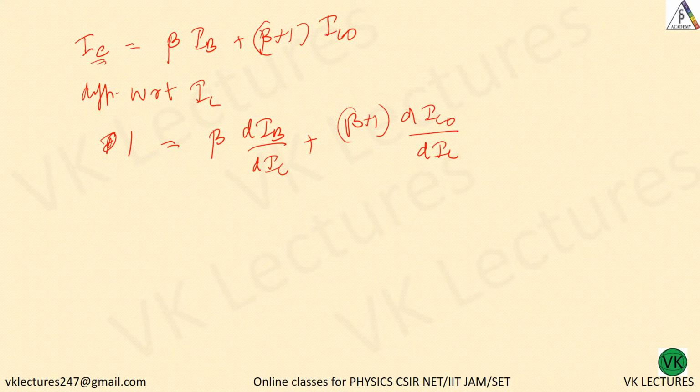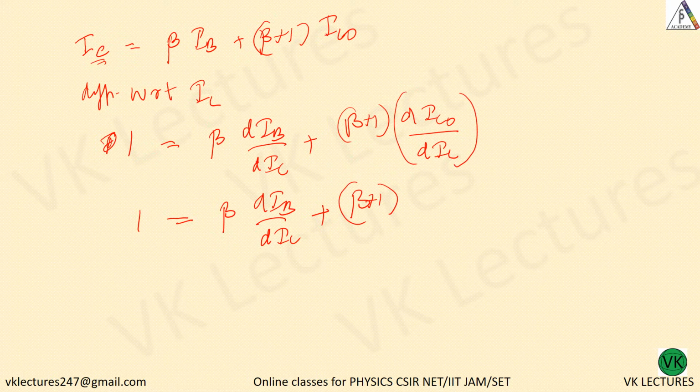Am I correct? Now writing the first quantity as it is, dIB by dIC, plus beta plus 1 into dIC naught divided by dIC. And dIC divided by dIC naught is equal to our stability factor S. Correct? So this is beta plus 1 into 1 by S.